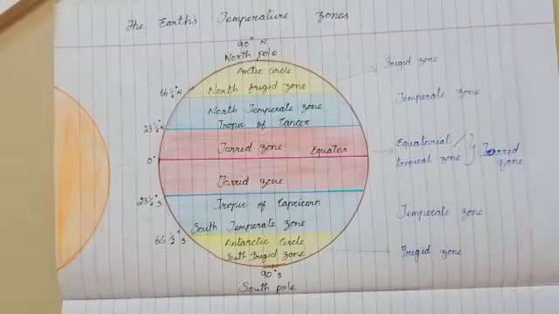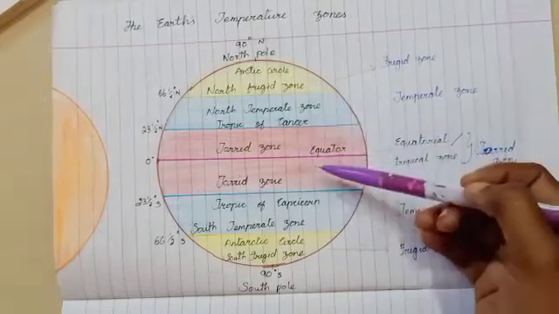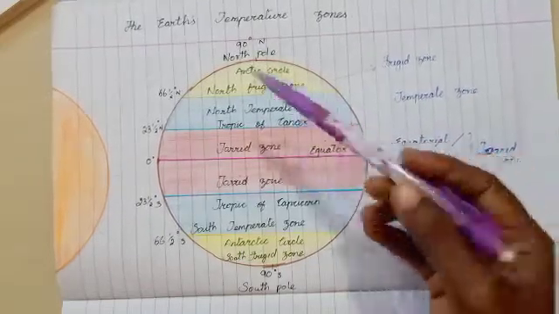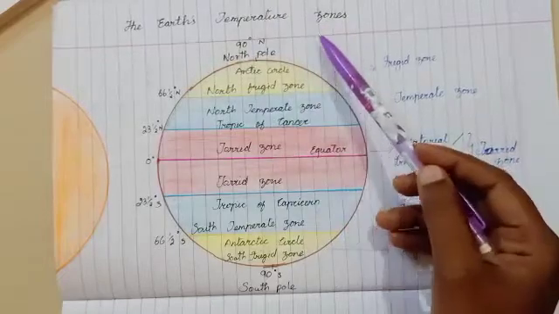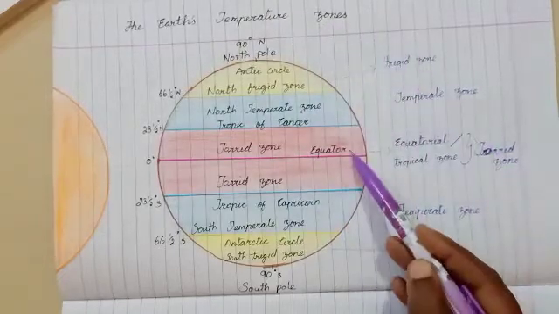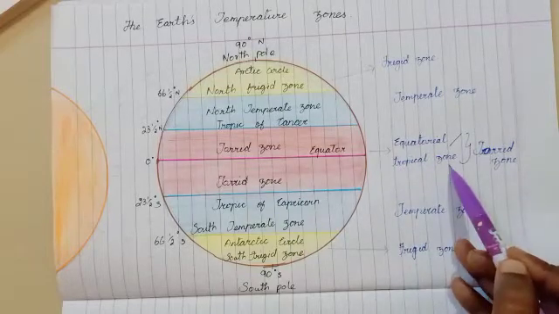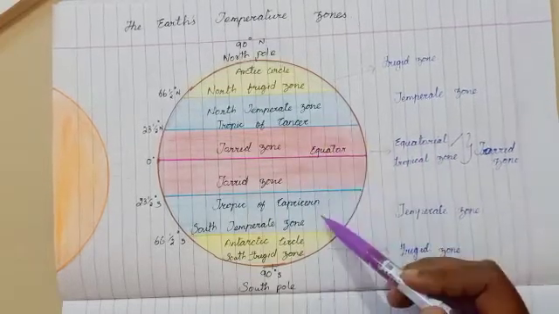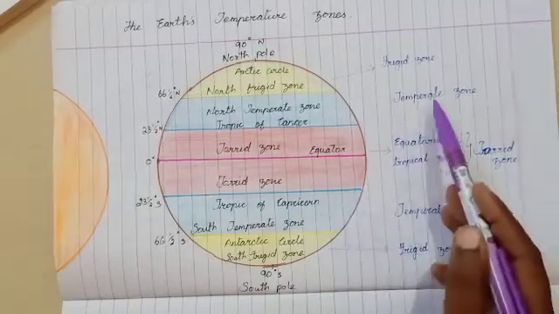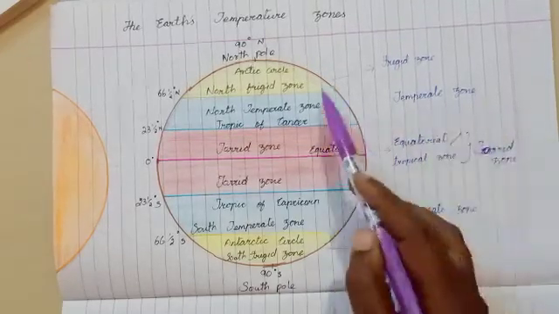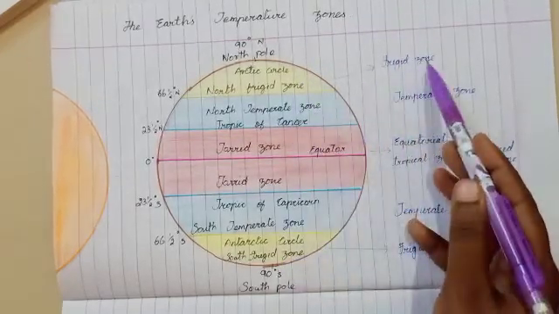Here we have learned that the Earth is separated into three zones according to their temperature. In the center lies the torrid zone, which is also called the equatorial or tropical zone. At the Tropic of Cancer and Capricorn, it is called the temperate zone. And on the poles, it is called the frigid zone.